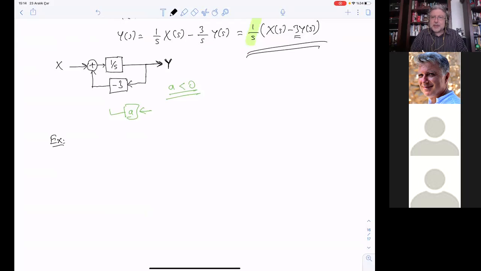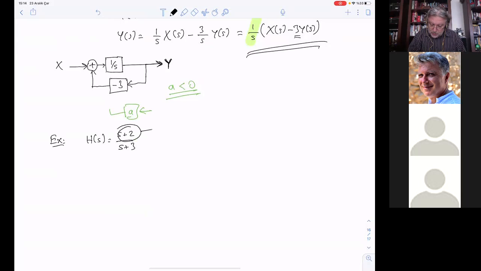The next example is again a first order system, but now it has some zeros as well. H of S is equal to S plus 2 over S plus 3, for example. So there's a zero at -2, and there's a pole at -3. The way to approach this, according to the book by Oppenheim, is not relating much with the numerator.